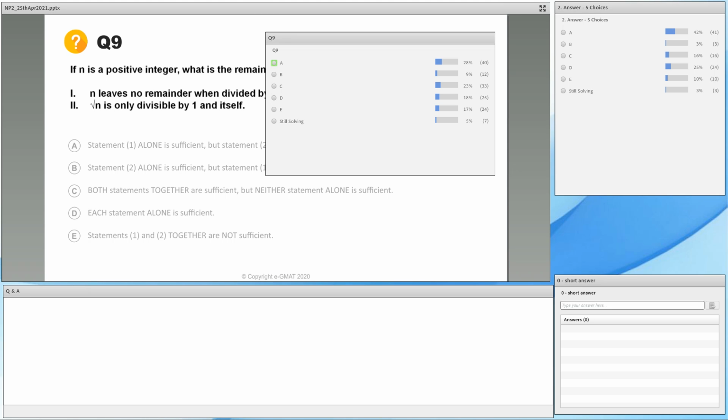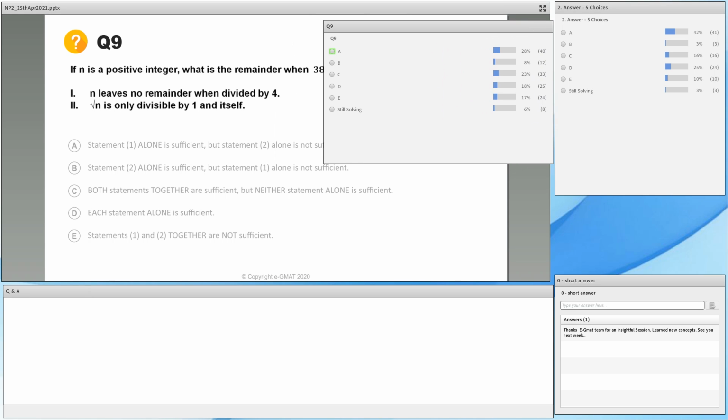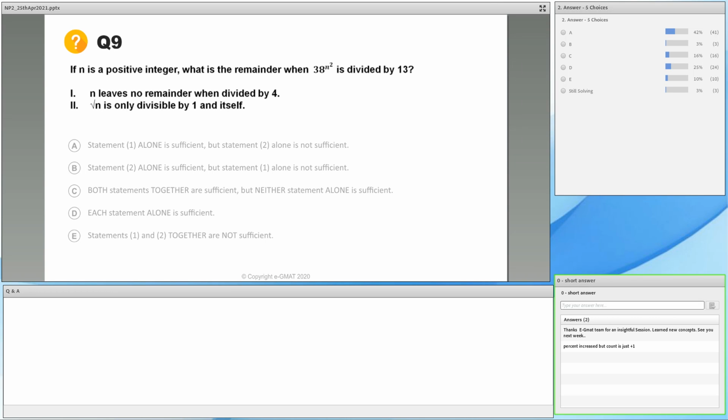So quite a few of you are using better processes, I suppose. From 28% to 42%, that's the improvement. Some of you fell for option D, and we'll discuss that as well. So let's get into the discussion of how you did this particular question this time.